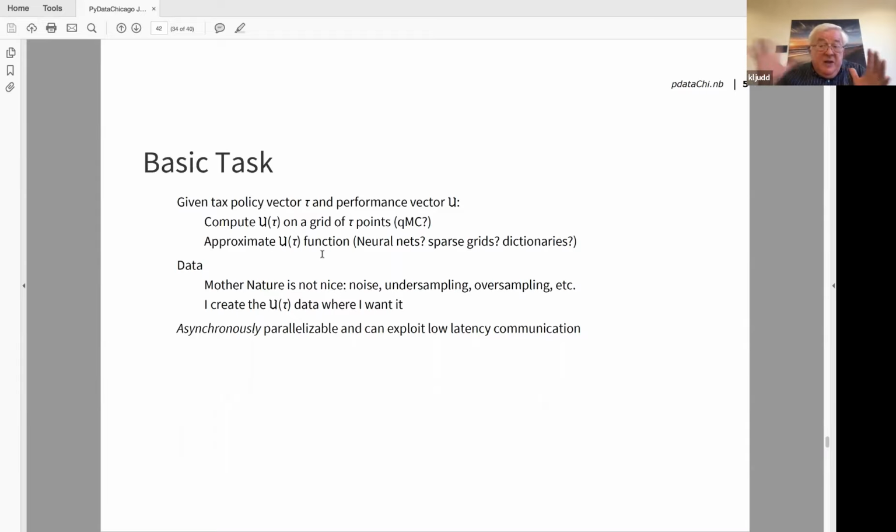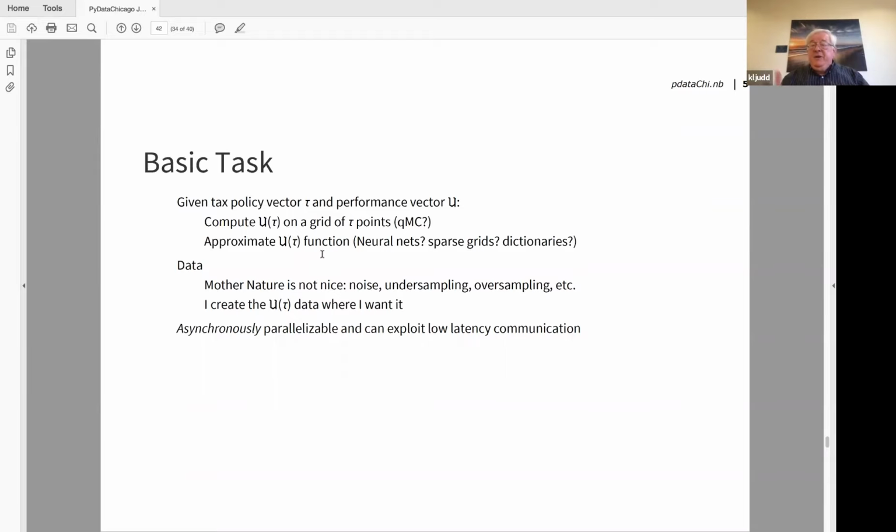So this is like a big data problem, except I don't have to deal with Mother Nature. Mother Nature is not nice. Whatever data she gives you, it's all noised up, errors everywhere. She gives you a lot of data where you don't want it, and then not much data where you do want it. You're a prisoner to whatever data process Mother Nature came up with.